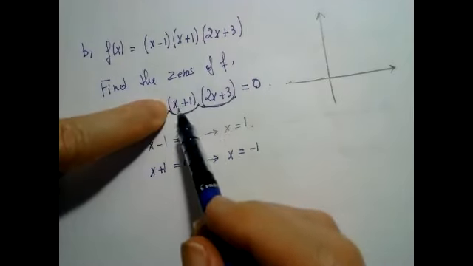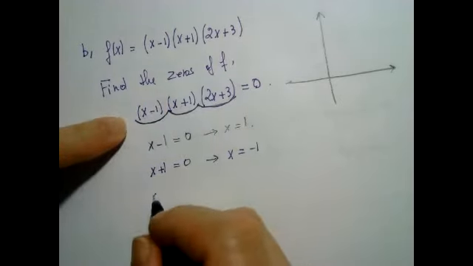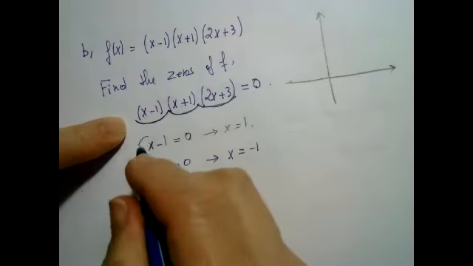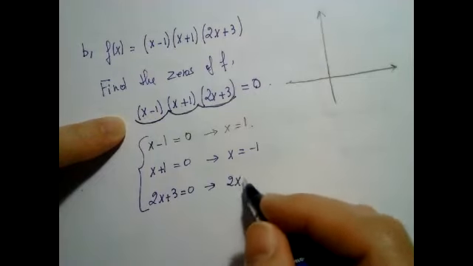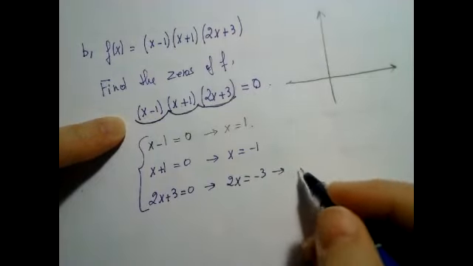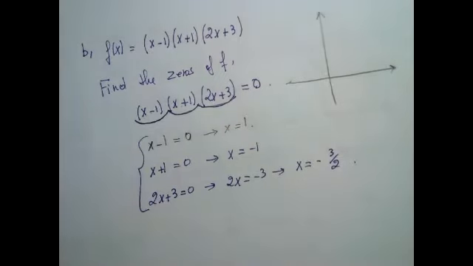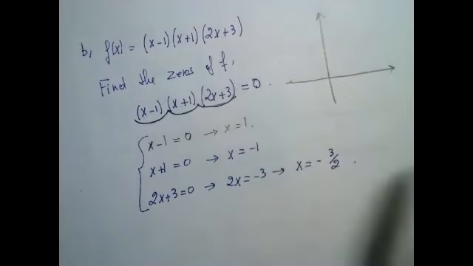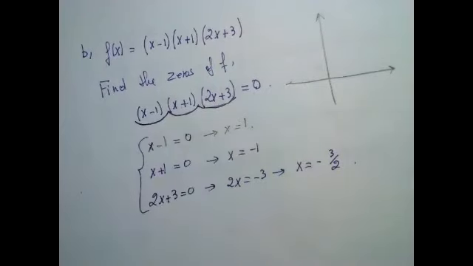If I take x equals minus 1, this will be 0, and the whole thing will be 0. And the last term: 2x equals minus 3, which means x equals minus 3/2. So there are 3 values that will make this expression 0. 1 will do it because if x is 1, the first factor is 0.